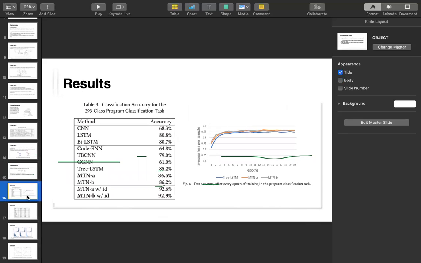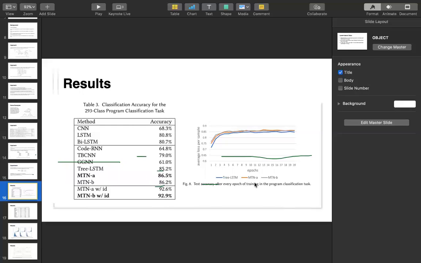And here is the result for classification. We can see that the MTB, which is the second type of approach, wins the best results, which is also the state of the art.